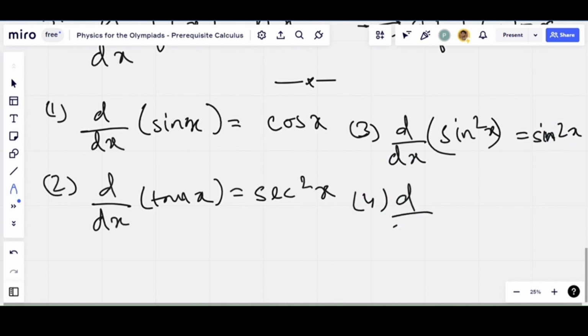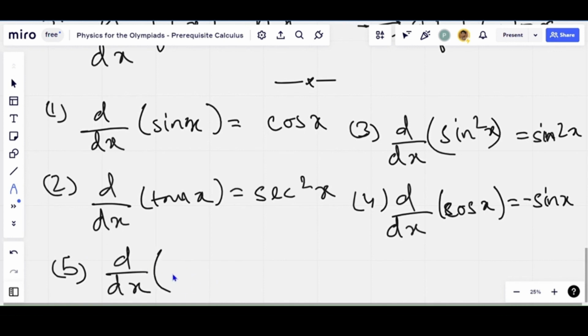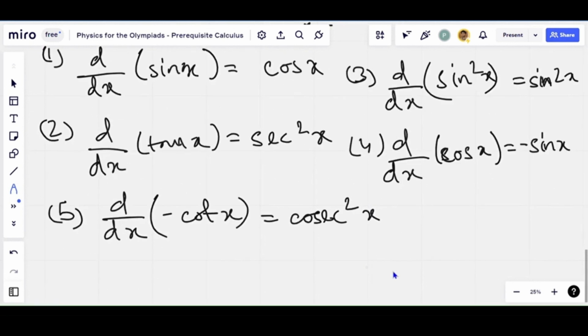d by dx of cos x is equal to minus sine x. We have another one, which is d by dx of cot x equal to minus cosec square x.